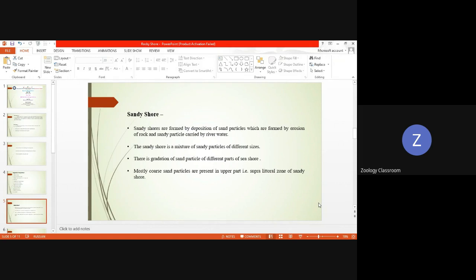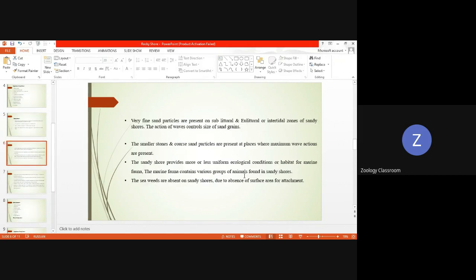Most coarse sand particles are present in the upper part, that is the supralittoral zone of the sandy shore. Very fine sand particles are present in the sublittoral or intertidal zone.